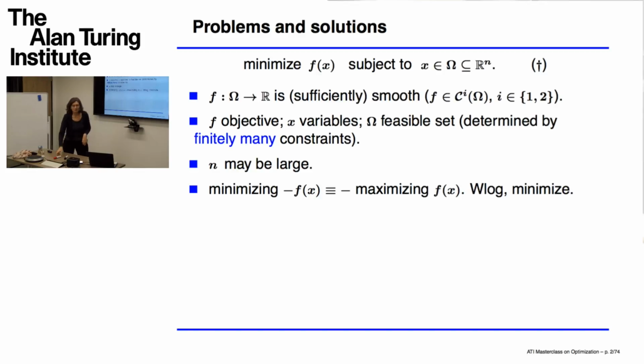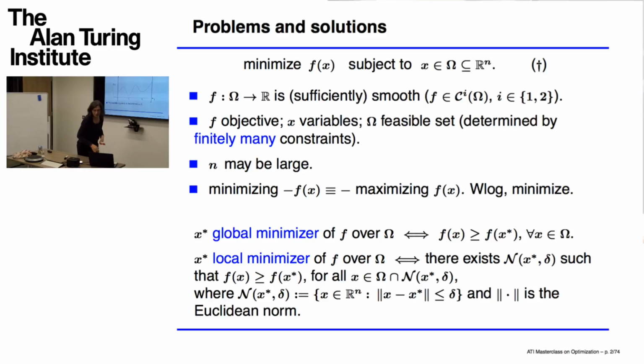Right, so let's get down to it. Minimize f of x, where x can be in a set and where the number of variables x could be very large. Without loss of generality, I assume I'm minimizing. There's a connection between minimizing and maximizing, so this is without loss of generality.